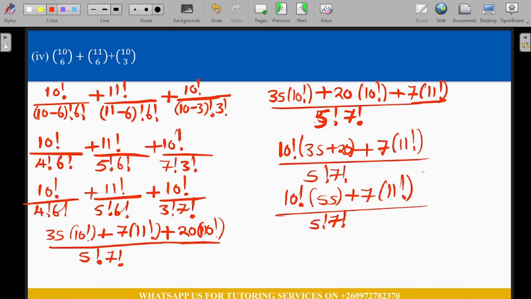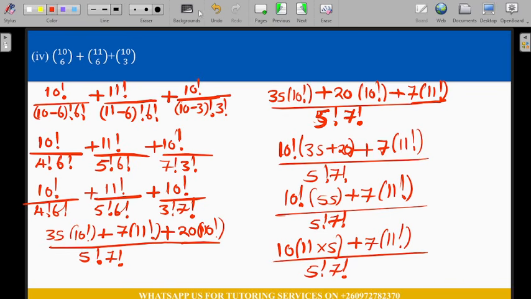So 35 plus 20 is 55, plus 7 times 11 factorial, over 5 factorial 7 factorial. We are looking at a bigger number with a factorial, which is 11. So we're going to say 55 divided by 11, so that we introduce 11. 55 divided by 11 is 5, so it will be 11 times 5. Now plus 7 times 11 factorial over 5 factorial 7 factorial.